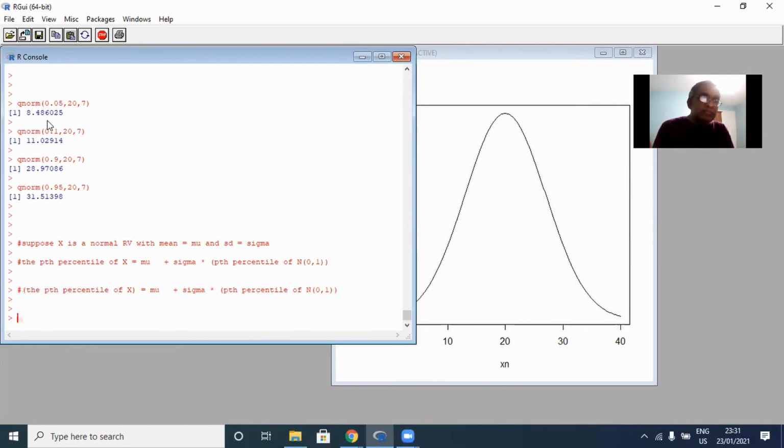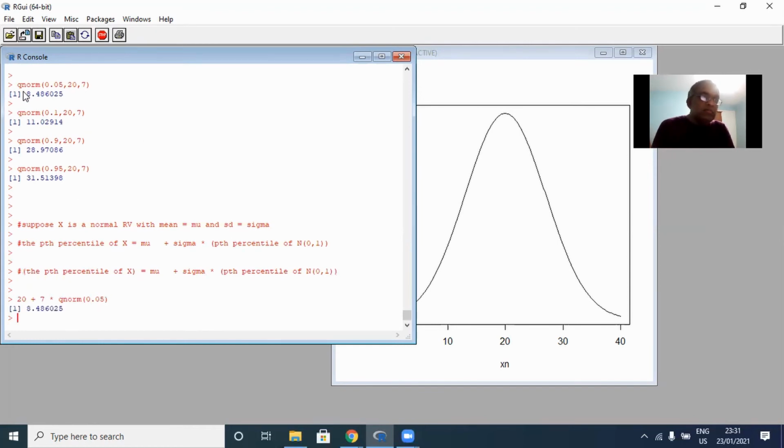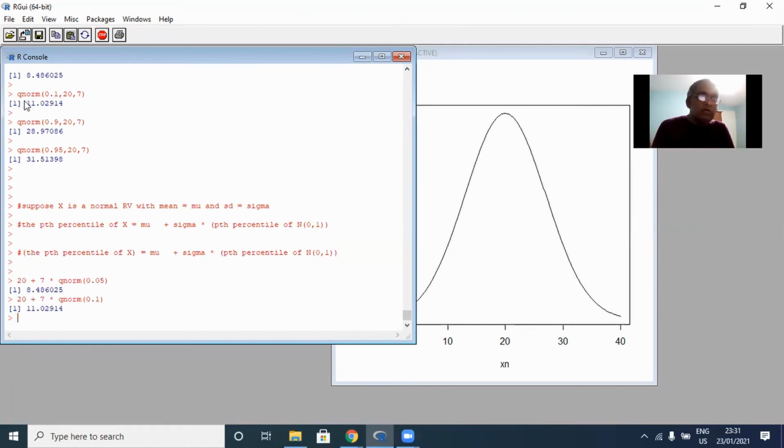So for the first one, our mu is 20, so 20 plus sigma, which is 7, times qnorm of the standard normal. Standard normal mean is 0 and standard deviation is 1, so you don't need to specify that. You will get this, and this is the same as what we got here, right? For the second, you just change the probability to be 0.1, which is the same as what I got here.